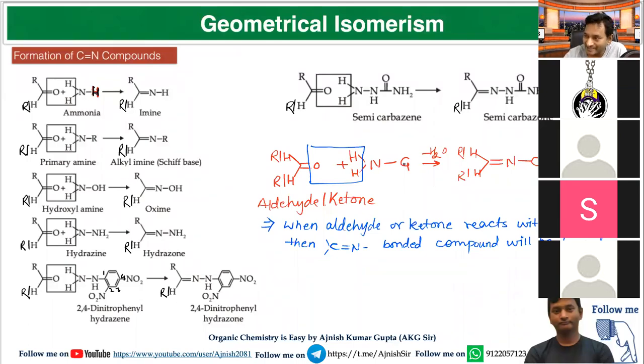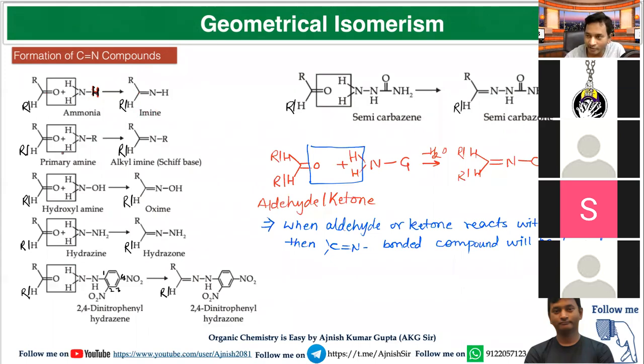When G is H, that is NH3, that means when aldehyde or ketone reacts with ammonia, then a compound with carbon double bond nitrogen will be formed, and this compound is called imine.